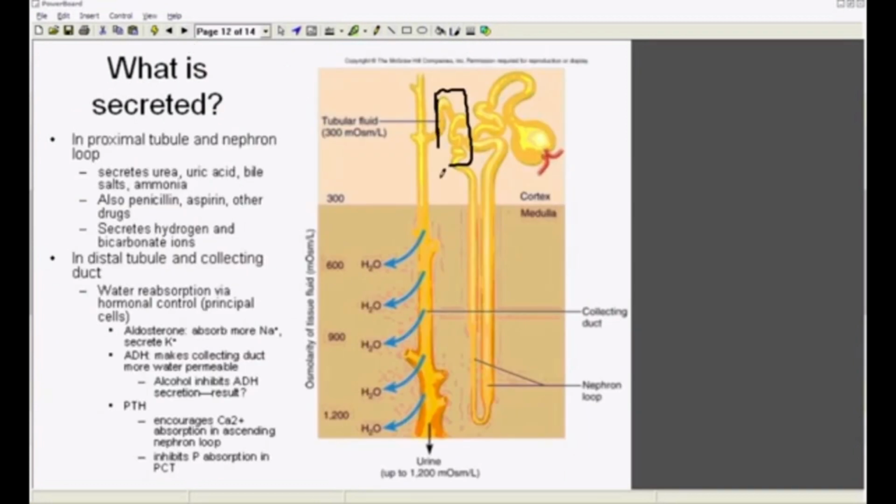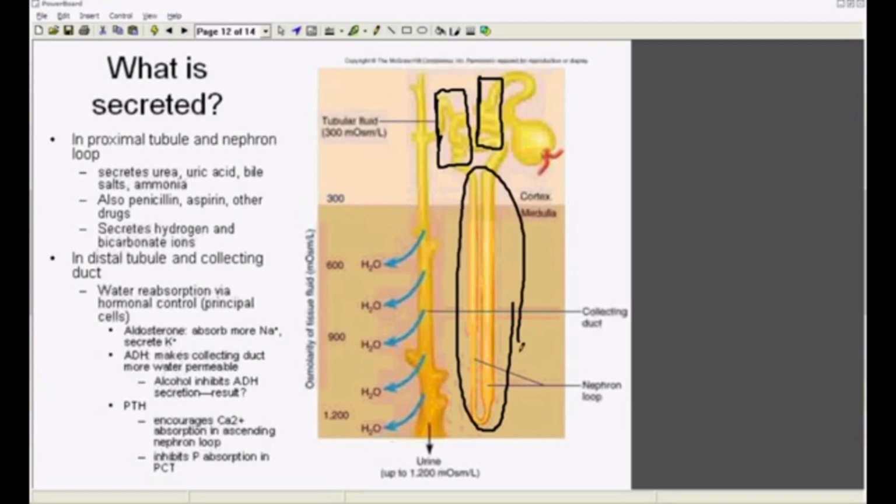Now in the last part here, in the distal convoluted tubule, we can have secretion occur. We can also have secretion occur in the proximal convoluted tubule and to a lesser degree in the nephron loop. During secretion, we have one more chance to actively grab things out of the peritubular capillaries.